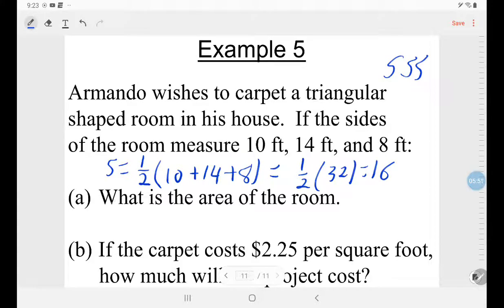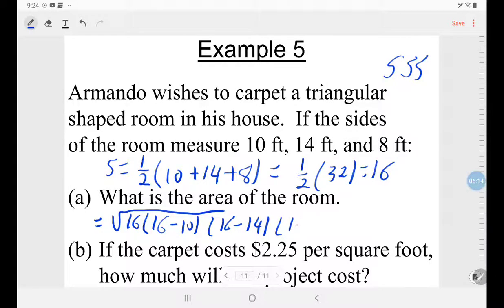So to find the area of the room, I'm going to use Heron's formula, which says to take the square root of the semi-perimeter times the semi-perimeter minus one side, semi-perimeter minus the second side, and semi-perimeter minus the third side, which I believe is 8. And let's see what we get there.